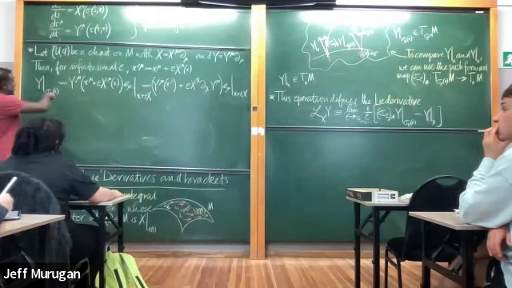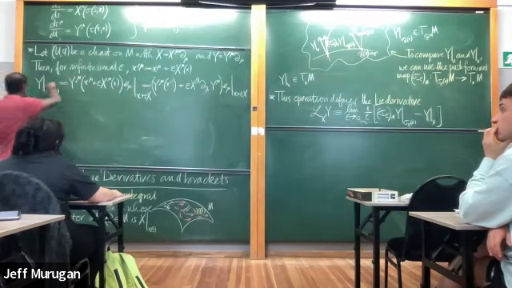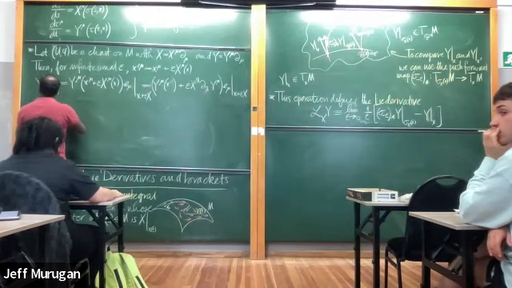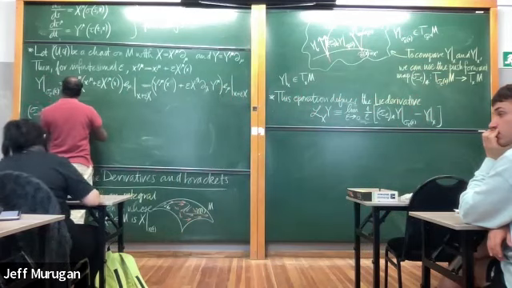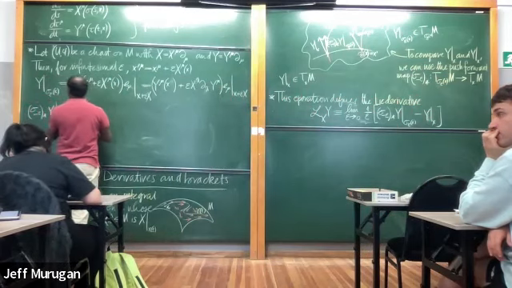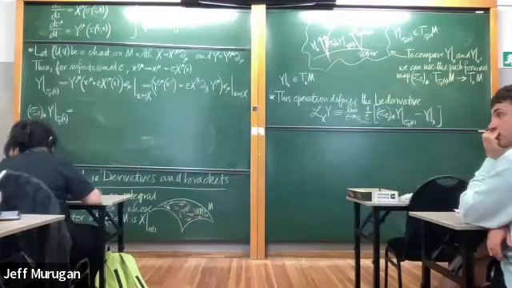Similarly, the push forward of this guy is sigma minus epsilon star on sigma epsilon x. That's just all of this stuff.